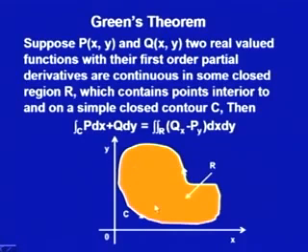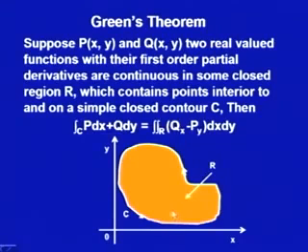So we are saying that the integral along this contour of p dx plus q dy is the same as the double integral over this complete region of qx, the partial derivative of q with respect to x, minus py, the partial derivative of p with respect to y, with respect to both the variables x and y.